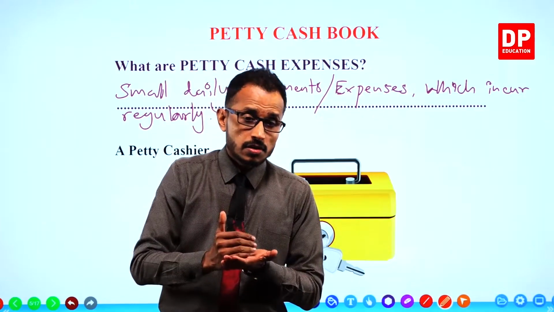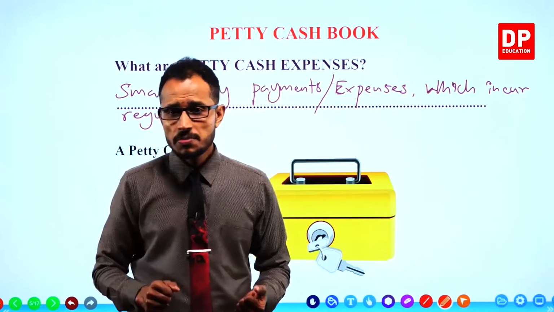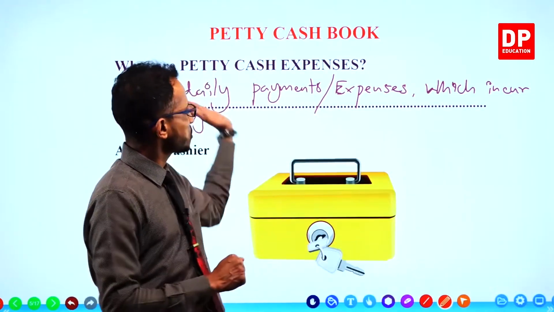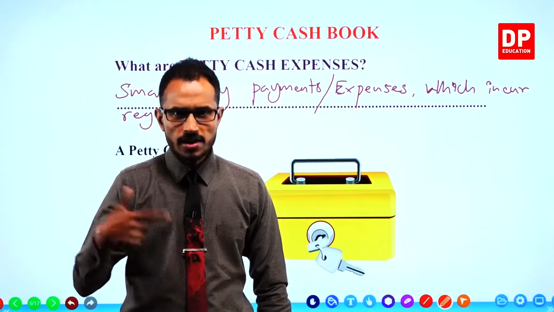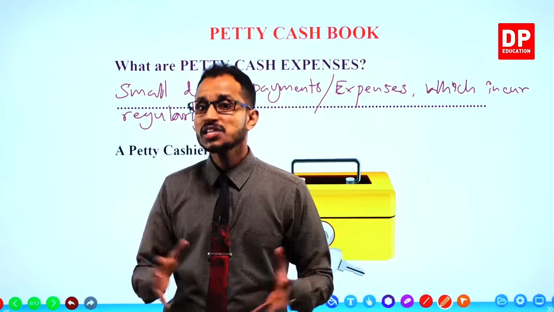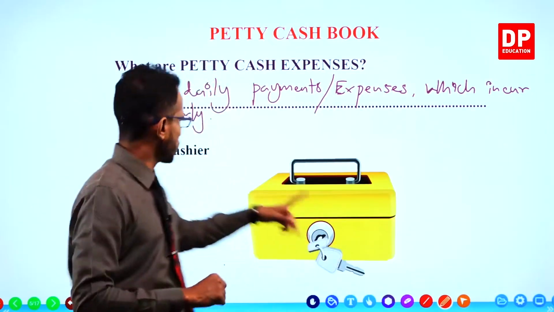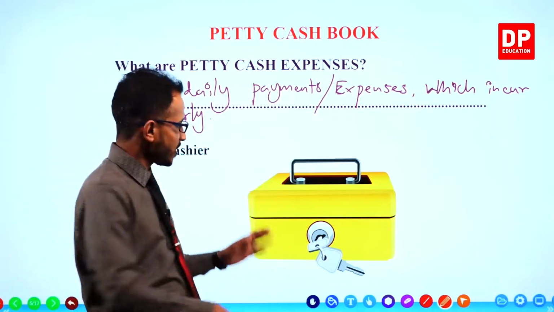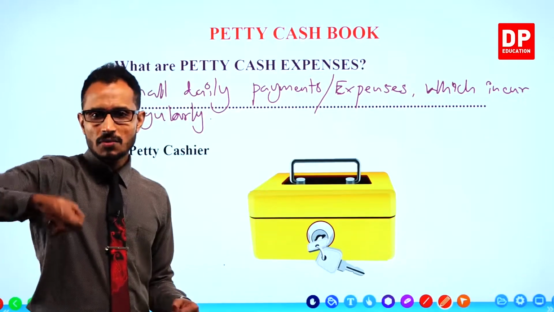Maybe sometimes under the main cashier there's another petty cashier who is handling the petty cash transactions. So the main cash is handled by the main cashier, petty cash transactions by the petty cashier. Most of the time the petty cashier carries a locker box.